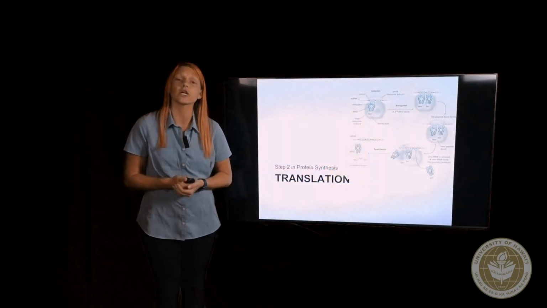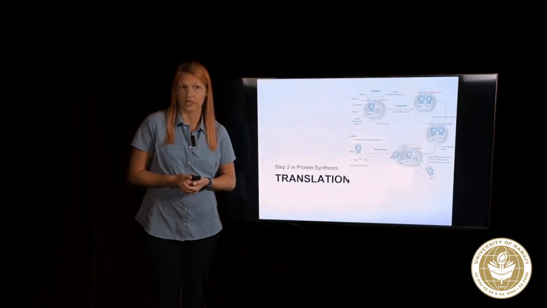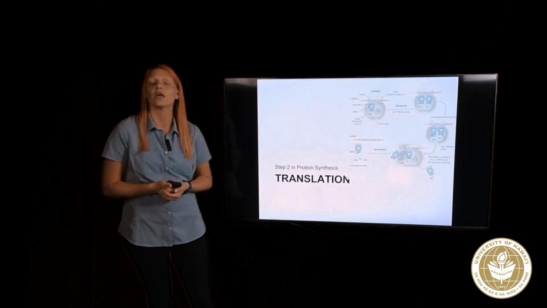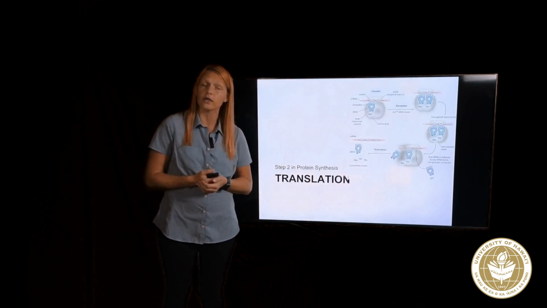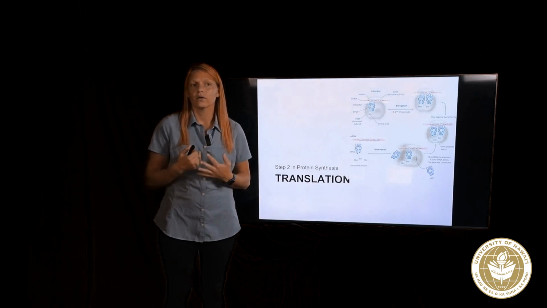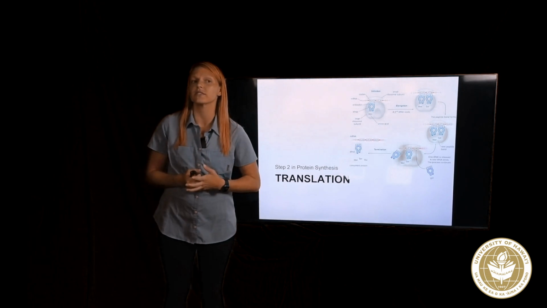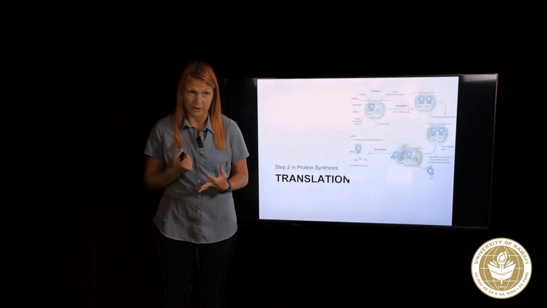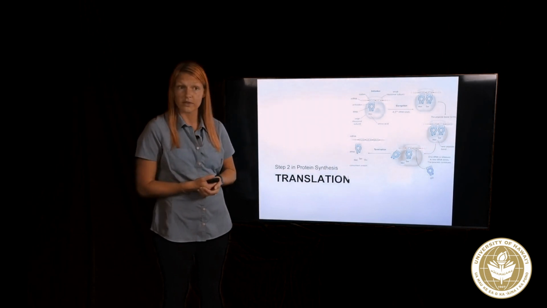So after transcription, we have the second stage of protein synthesis, which is translation. This process is going to involve the translation of the information in the mRNA to protein synthesis. It's going to occur in your ribosomes. Each type of RNA is going to play a role in protein synthesis.